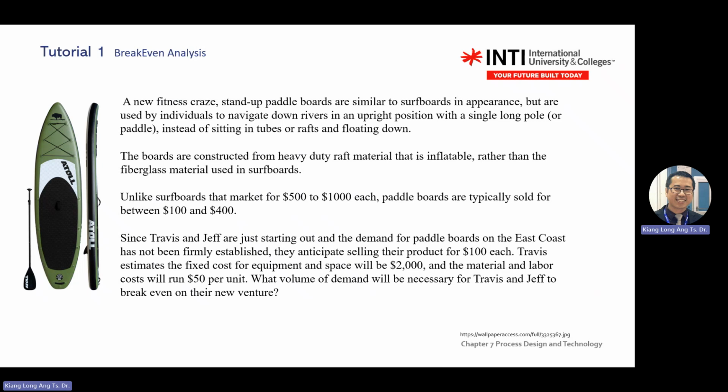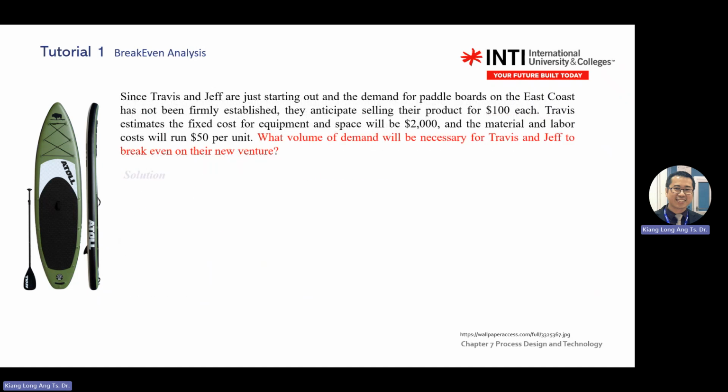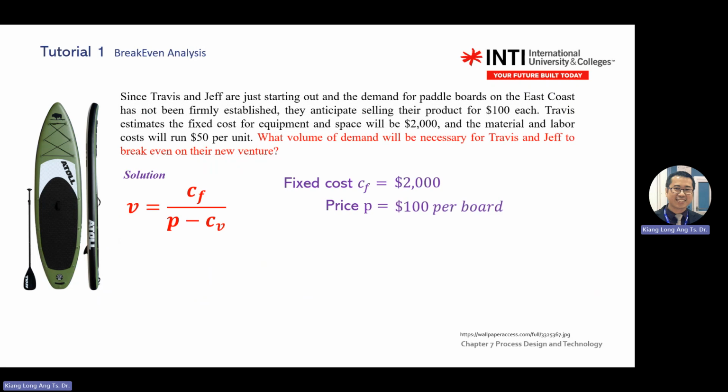Multiply by V. You need to multiply by V, you don't know your V. What volume of demand will be necessary for Tarif and Jeff to break even? So you use this equation, TC equal to TR, substitute the values, and you arrive at one number. I go very fast here because I already explained how to get this. You just substitute.